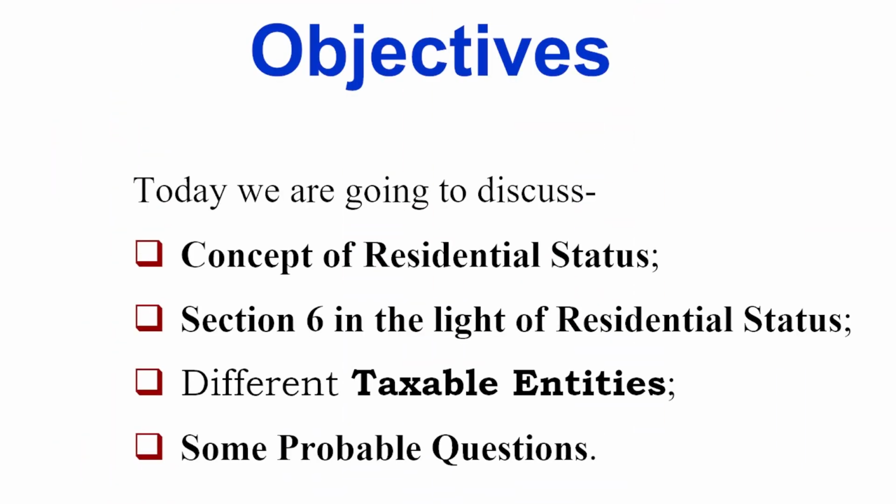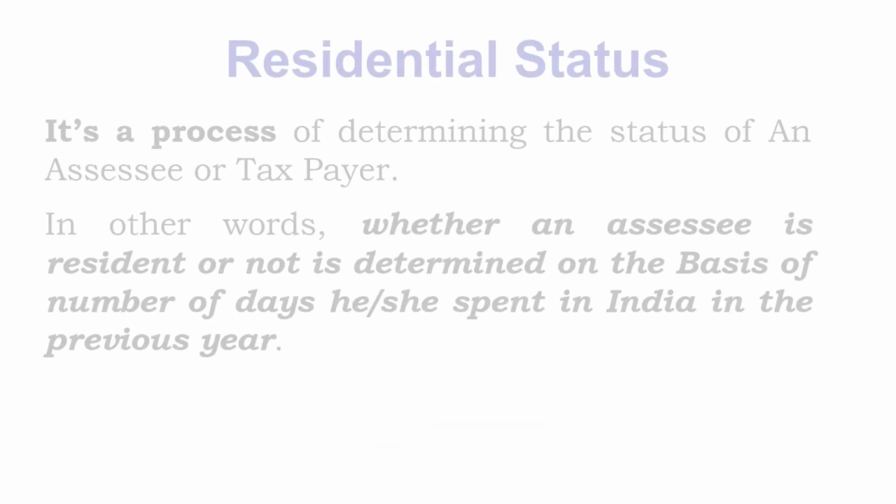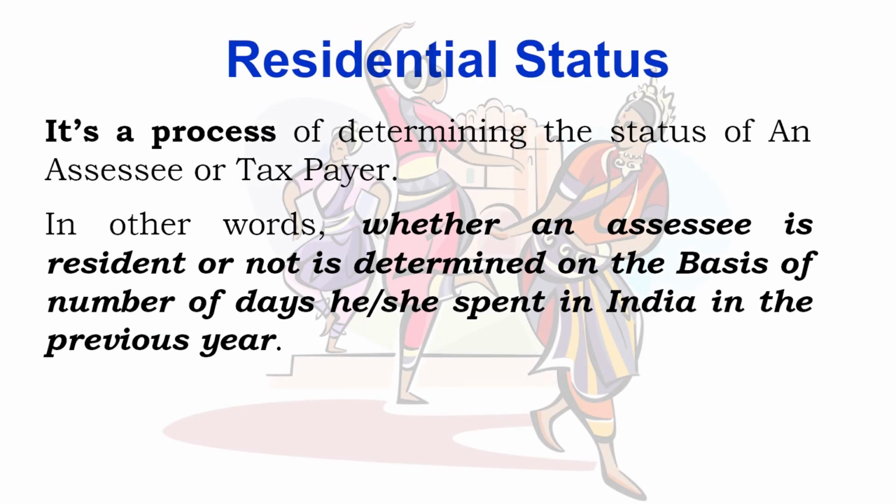Today we are going to discuss the concept of residential status, Section 6, in the light of residential status, different taxable entities and some probable questions over here. Let's see the meaning of residential status.